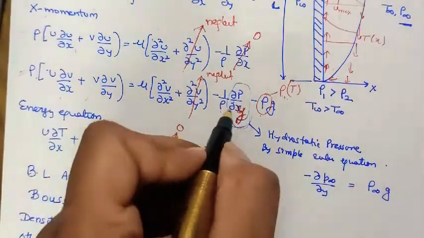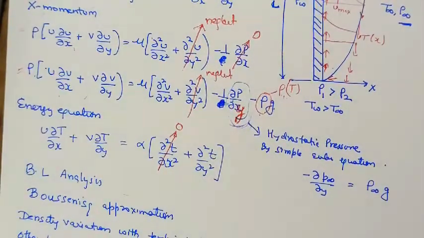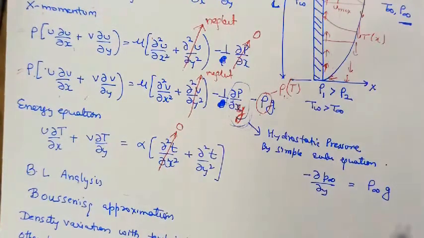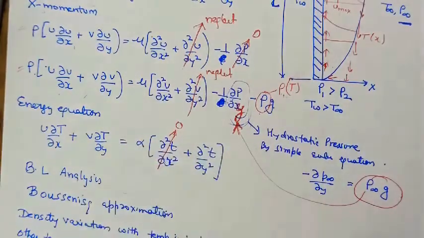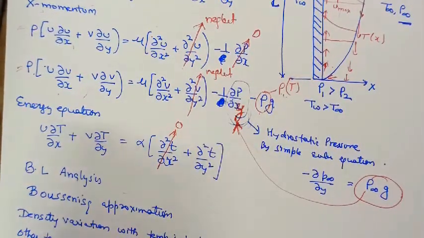Sorry, the rho is here, so we can't take this rho here because that rho will come down, right? So we'll replace this value here, right?